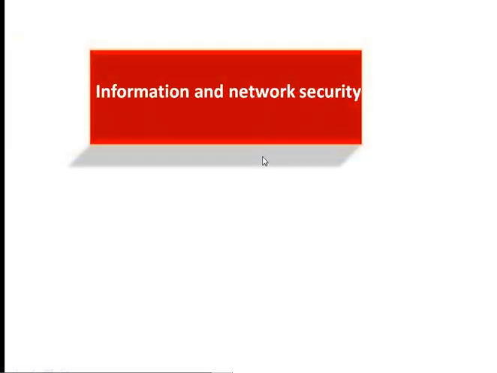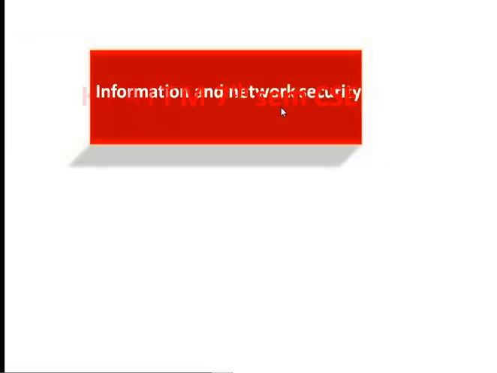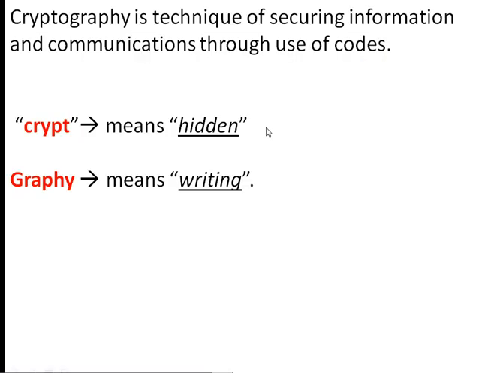If I open this packet, I will get some information, that is information and network security. In this way cryptography works. This is another code, and this is the main information that I have written: information and network security.